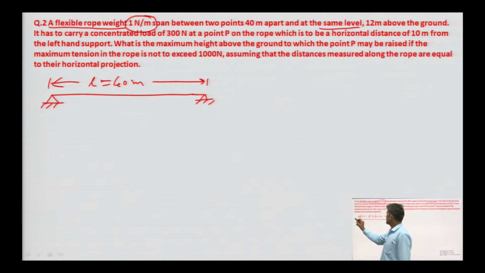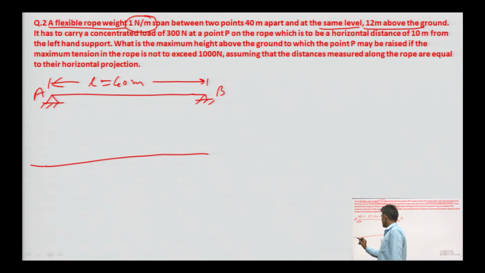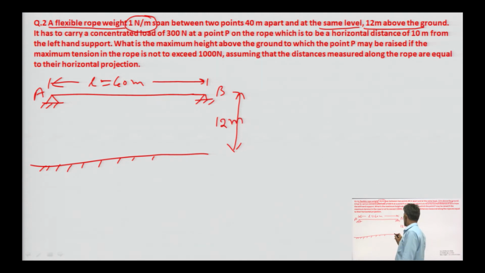So points A and B are at the same level, 12 meter above the ground. This is the ground, and this total height is 12 meter. This is the ground level, 12 meter above the ground.